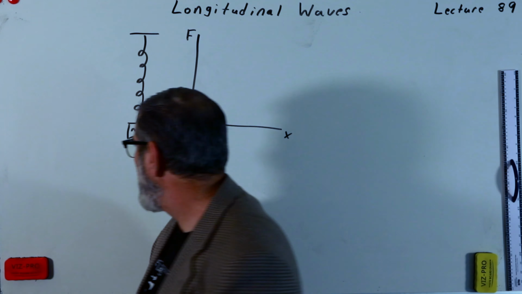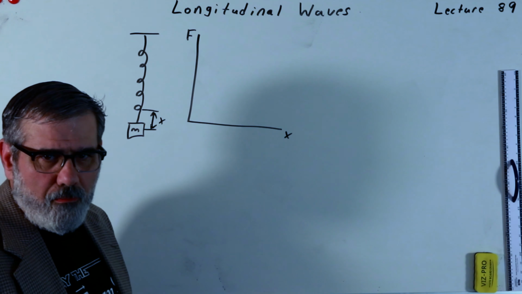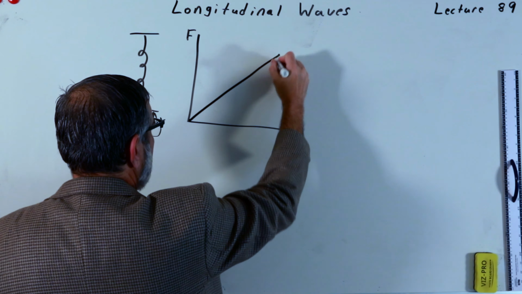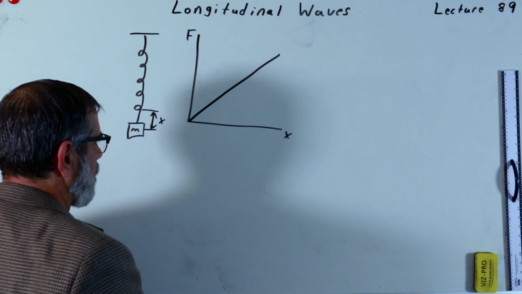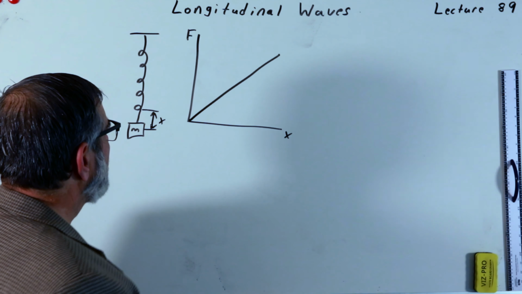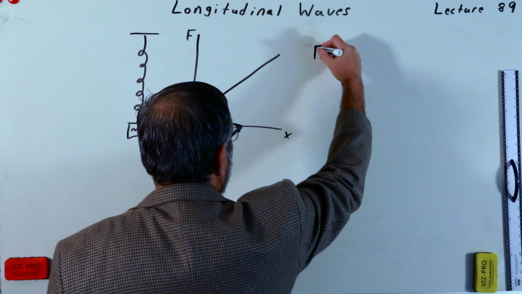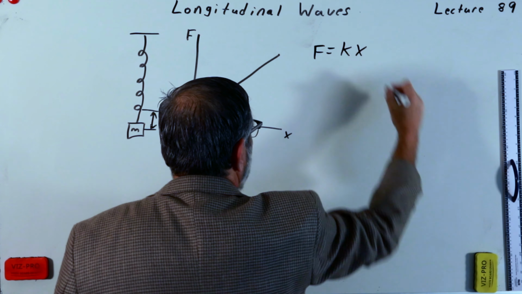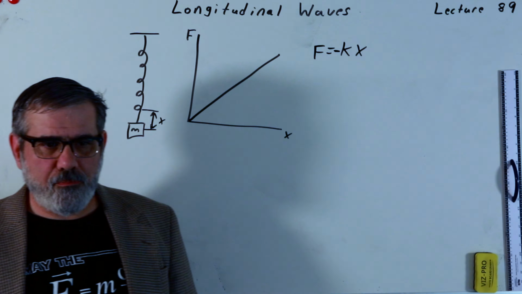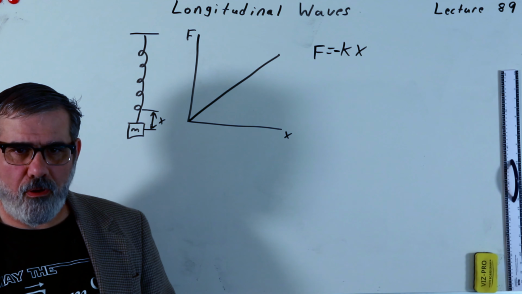If I pluck this mass, it's going to oscillate back and forth. But if I just pull on it, it's going to resist my pull in the opposite direction. If I pull down, it's going to pull up; if I push in, it's going to push back. So we get Hooke's law: force equals k times x. It's really minus k times x, to indicate that it's pushing in the opposite direction to the one you're trying to move.